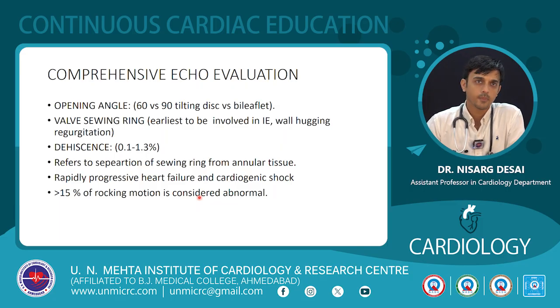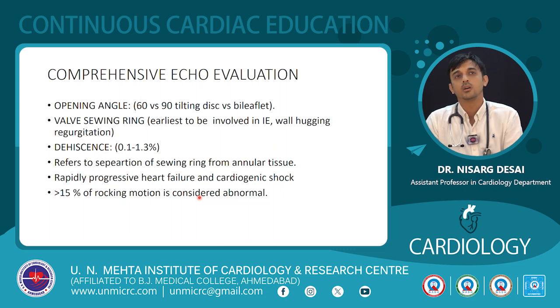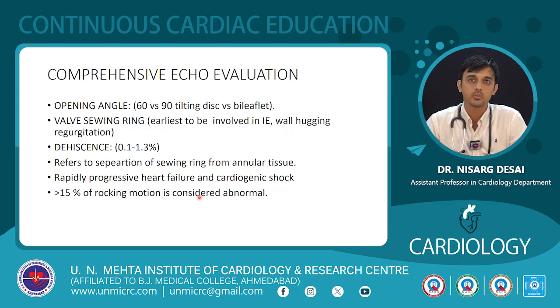The sewing ring should be carefully assessed because it is earliest to be involved in case of infective endocarditis, and more commonly whenever there is dehiscence or separation between the sewing ring and the annular tissue, there would be regurgitation, but it would not be so frank because it is a wall hugging type of regurgitation.